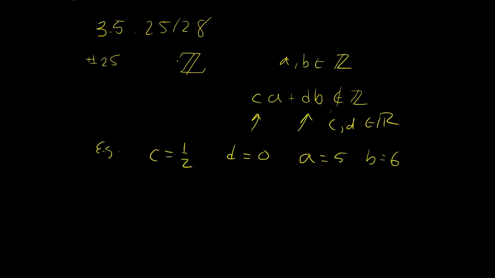If we did that, A and B are integers, right? But if I multiply by a half, A is 2.5. So this CA plus DB, this closure property, is equal to 2.5, which is not an element of the integers.